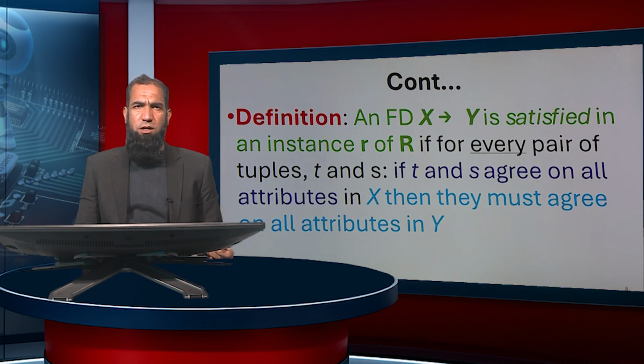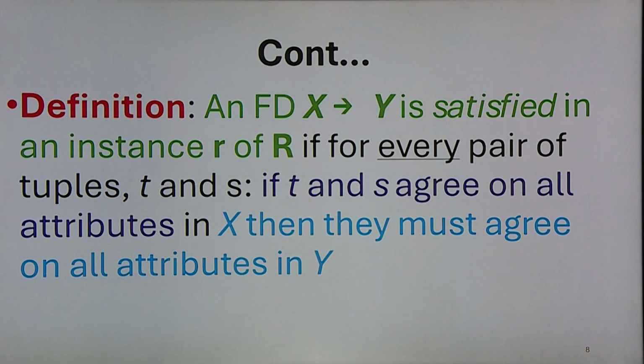Now let's move toward the formal definition of a functional dependency. A functional dependency written as X determines Y is said to be satisfied in a relation instance of a relation R if the following condition holds.